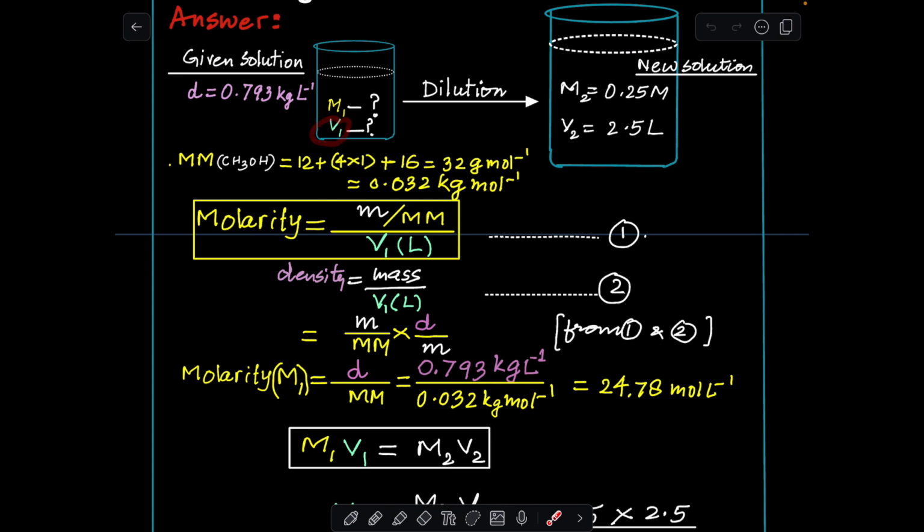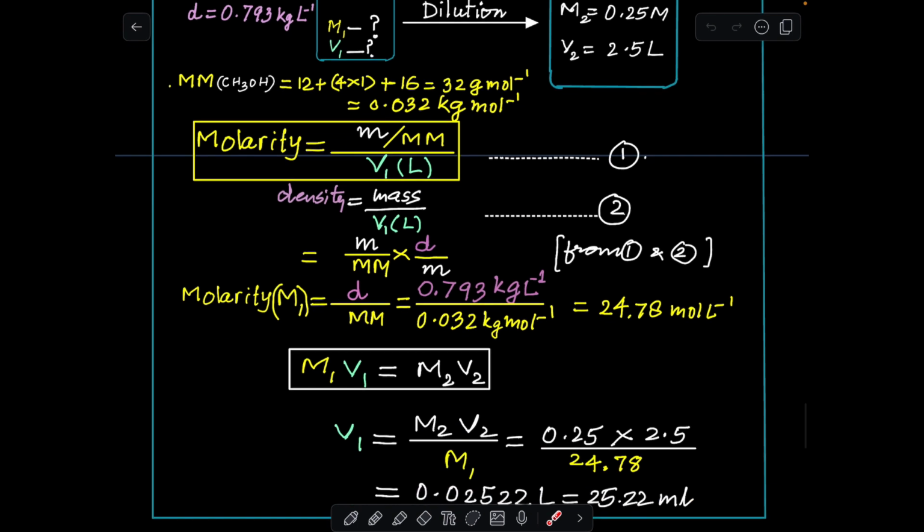Now for the first solution, volume is also required. What volume of this is needed to make a dilute solution? Here we will apply the idea that the number of moles of solute before dilution will always be equal to the number of moles of solute after dilution, because we are doing it in the light of the law of conservation of mass.